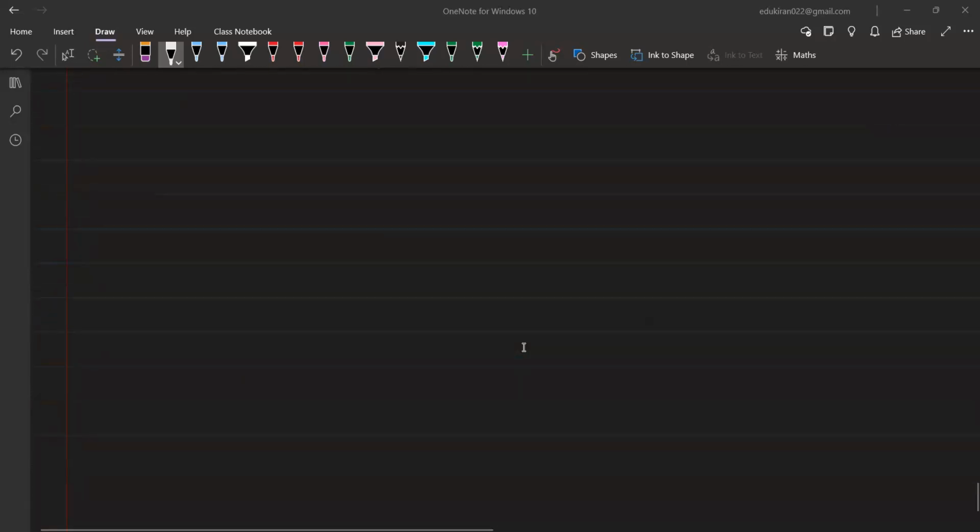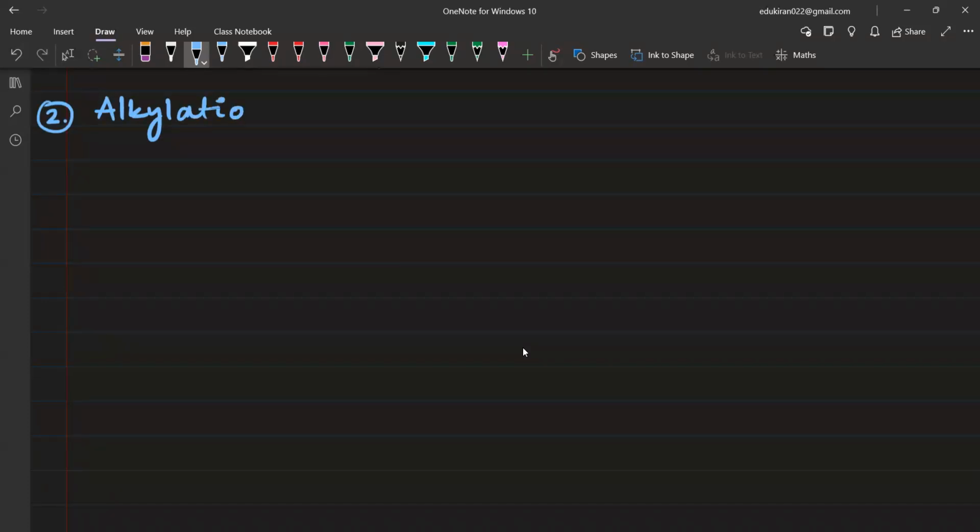Right, next, alkylation. We have seen this reaction just in the method of preparation. What happens in alkylation?